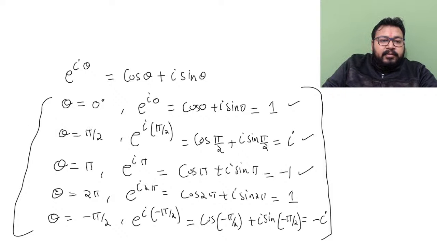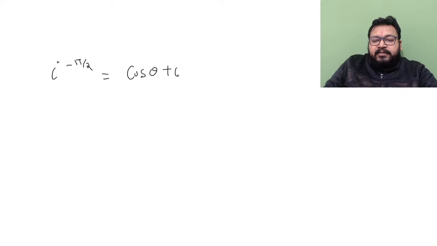Okay, so iota to the power minus pi by 2 can be written as cos theta plus iota sine theta to the power minus pi by 2.